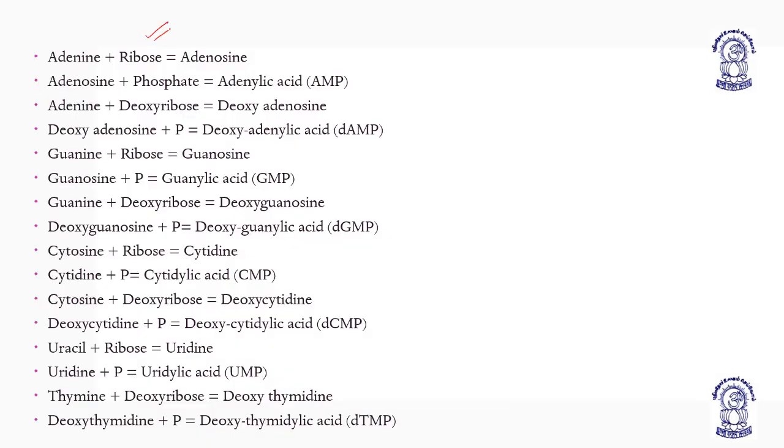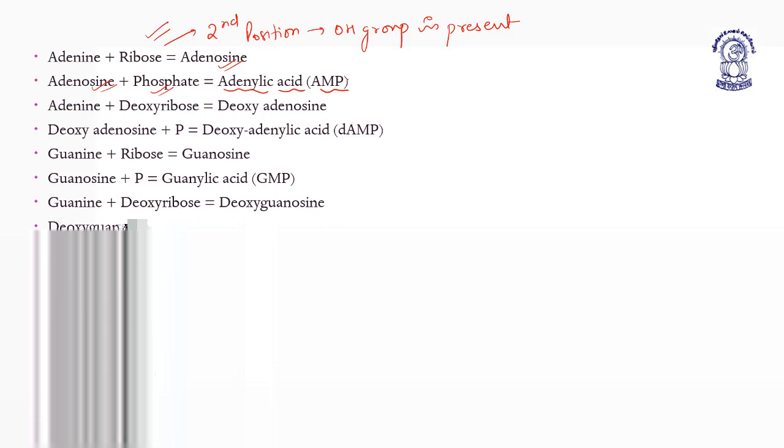Adenine plus ribose. The ribose sugar is also a pentose sugar having 5 carbon atoms. The basic difference between ribose and deoxyribose is that in ribose, the second position has an OH group, a hydroxyl group. So adenine plus ribose is known as what?